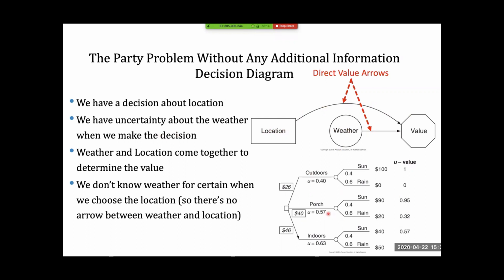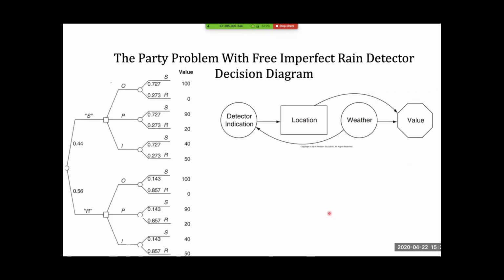We have looked at another decision tree that is more complicated than this one. That is, what is the decision like when you have already purchased the detector? Over here, that will be represented by this decision tree. In this decision tree, buying or not buying the rain detector is not part of the decision.